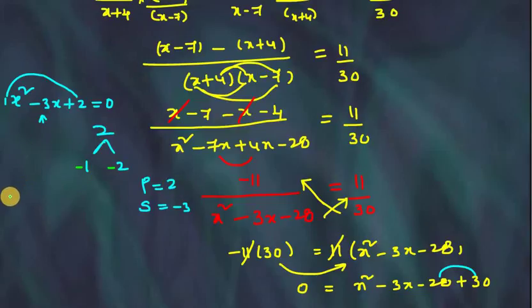I am substituting directly. So what we'll have? We'll have x square, so these are the factors: minus 1x minus 2x plus 2 is equal to 0. Only the middle term is split.